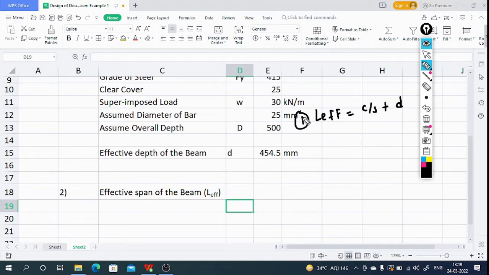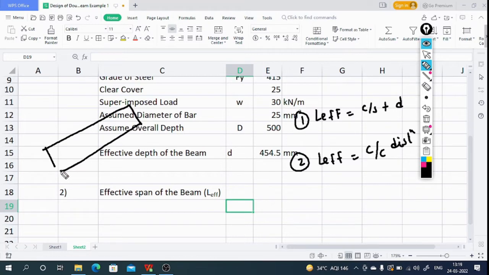This is the first formula. Second formula is L effective equal to the center to center distance between the supports. So we have a beam, and this beam is supported on some support and it has some width. The width of the support is given in the problem statement, that is 500 mm.